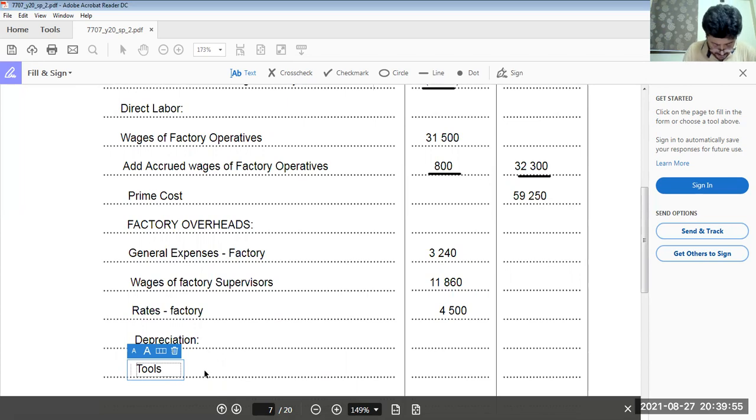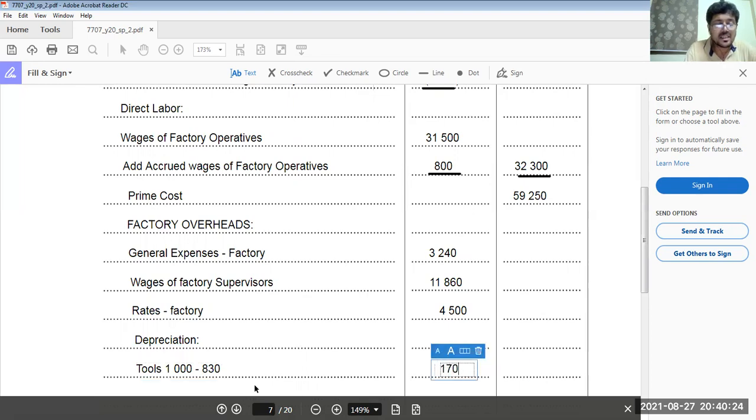The value of tools at the start of the year is 1,000, and at the end of the year, the value of tools is 830. So 1,000 minus 830, the answer is 170. The depreciation of those tools.